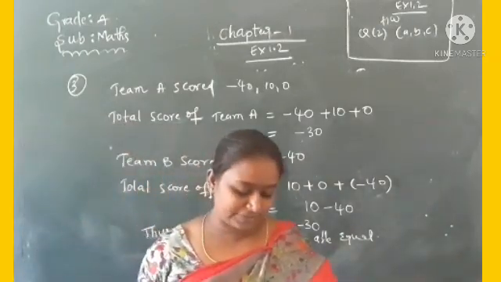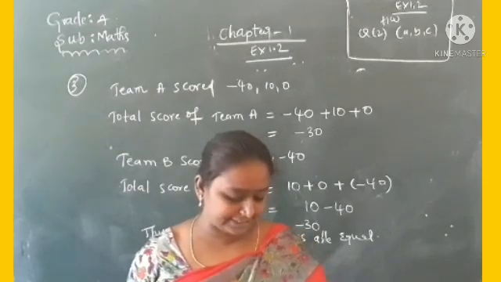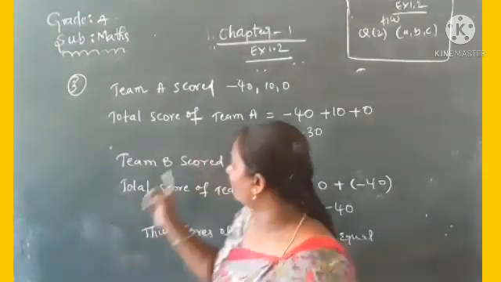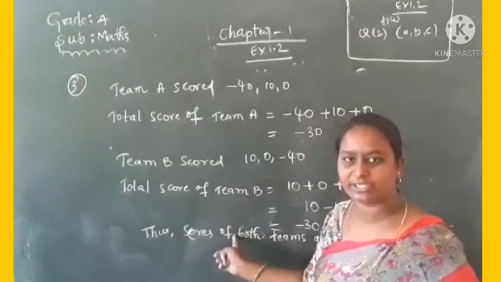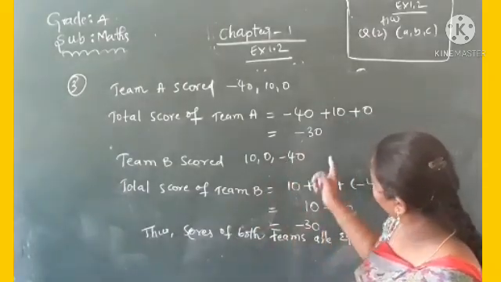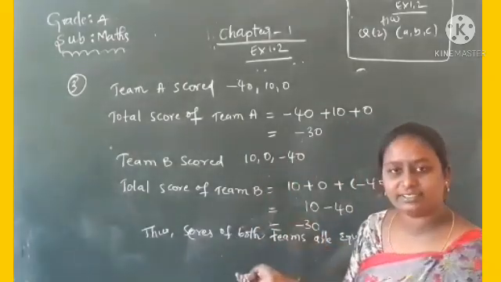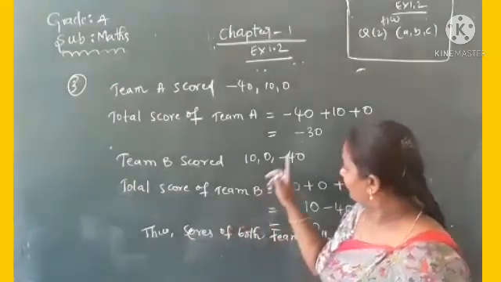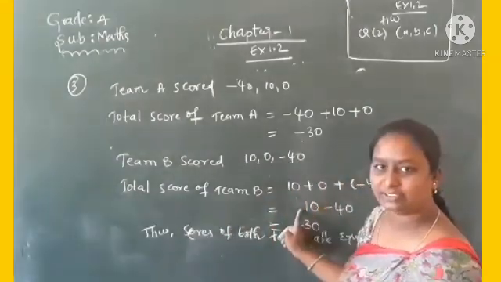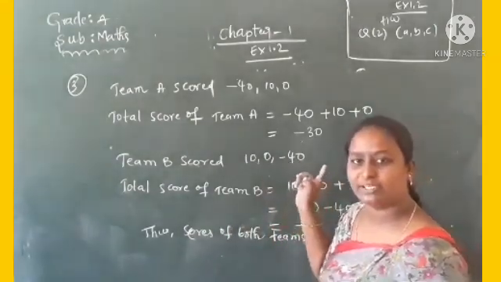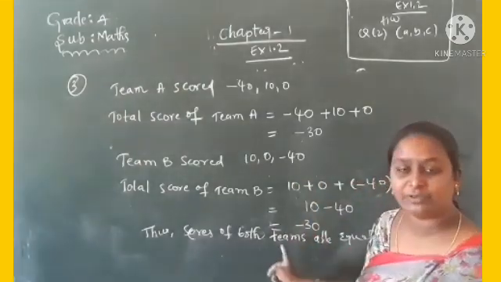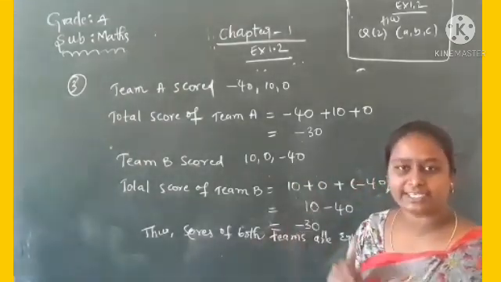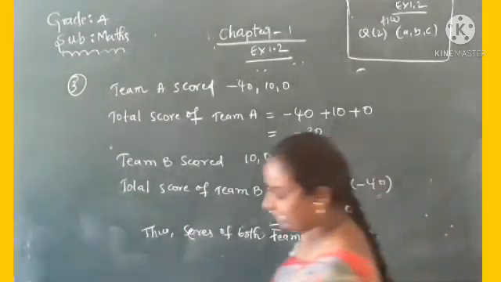Now, can we say that we can add integers in any order? Both teams got the same. Can you add these two in any order? Yes. Why? Because both are equal. We can add in any order by using which property? Exactly, the commutative property.